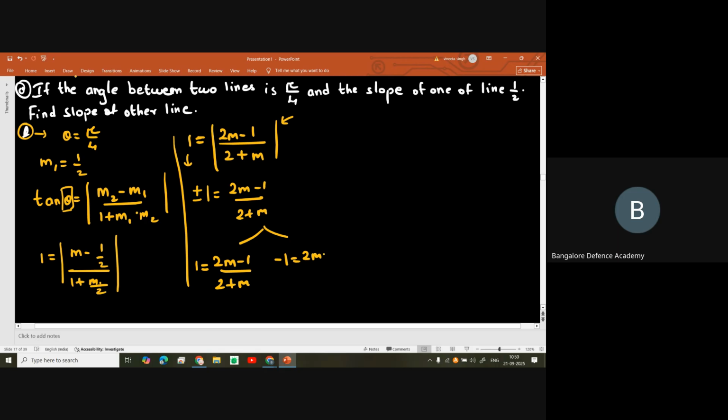When you solve this, you get 2 plus m is equal to 2m minus 1 for one value, and for the second value, minus 2 minus m is equal to 2m minus 1. You will get two slopes here: one value of m will be 3 and the other value will be minus 1/3.